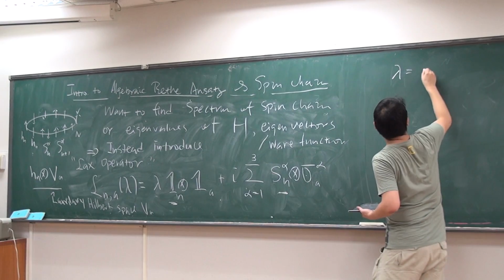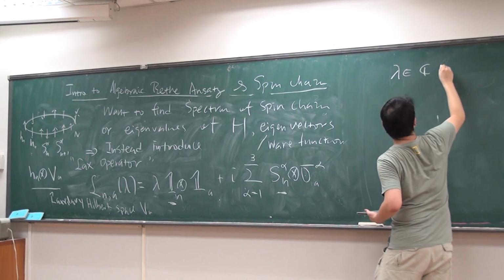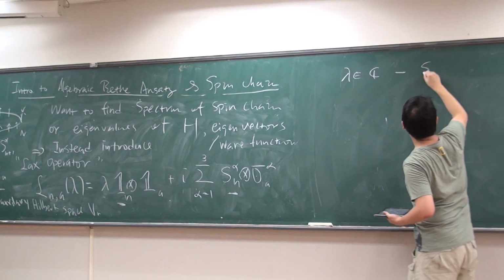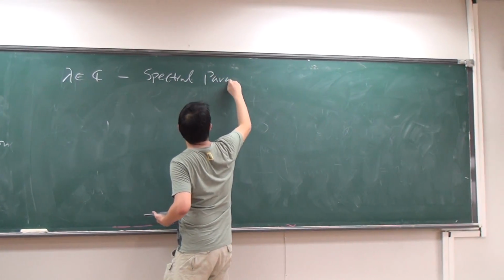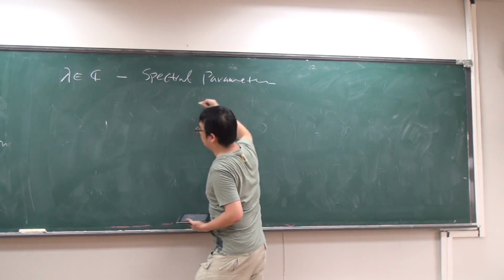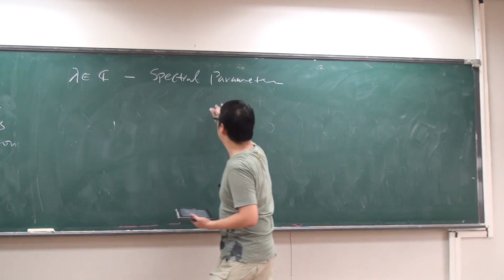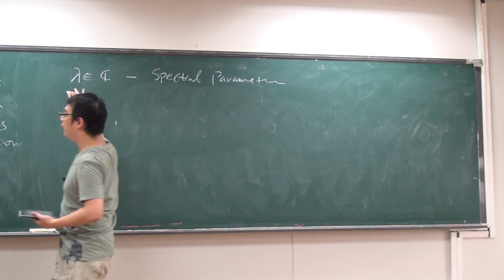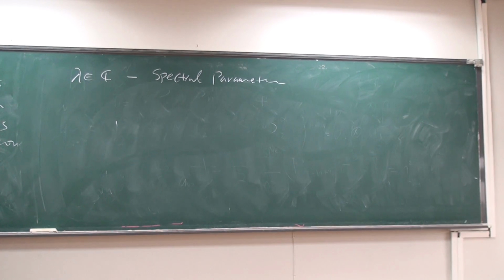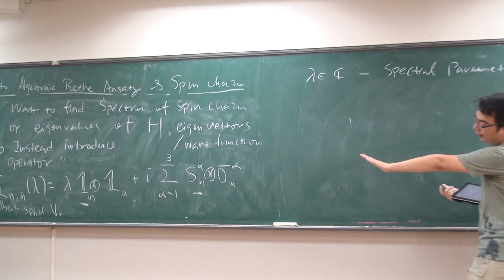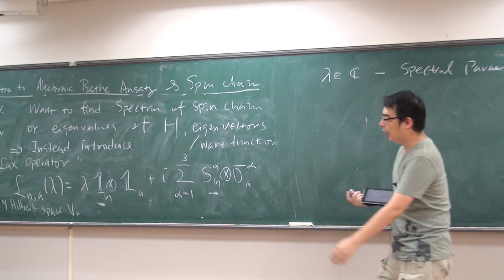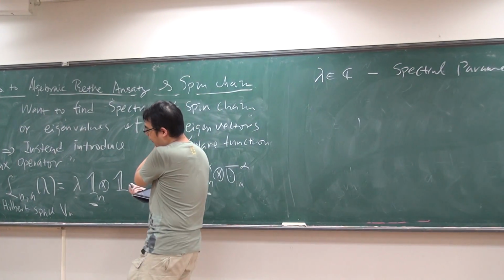So lambda is some complex parameter, something called a spectral parameter, and its significance will become very clear very soon. It's actually something like an eigenvalue associated with the Lax operator, capital L, over there.